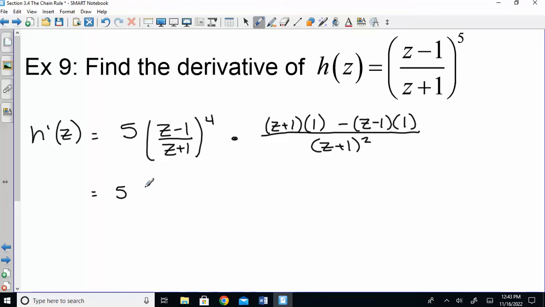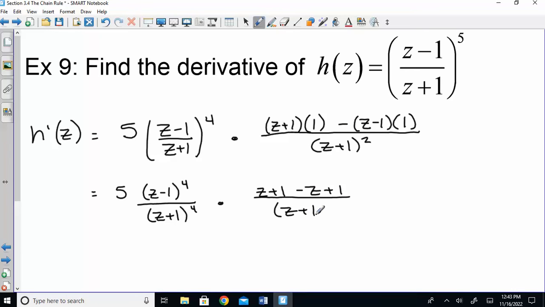When I have z minus 1 over z plus 1 to the 4th, I could write this as z minus 1 to the 4th over z plus 1 to the 4th. Okay, here if we multiply, we get z plus 1. I have to distribute this negative, so minus z plus 1 over z plus 1 squared.